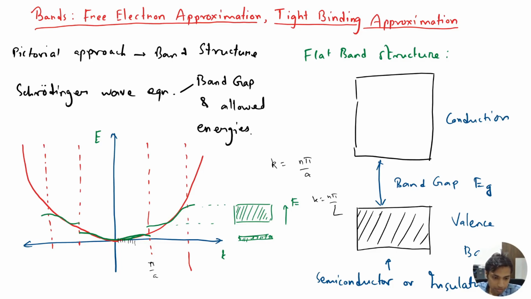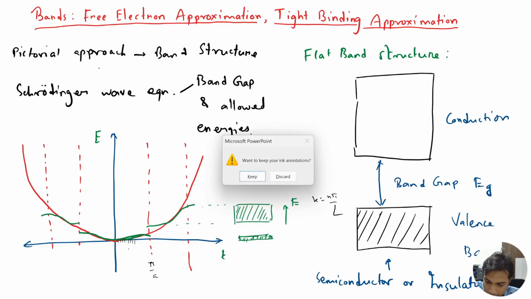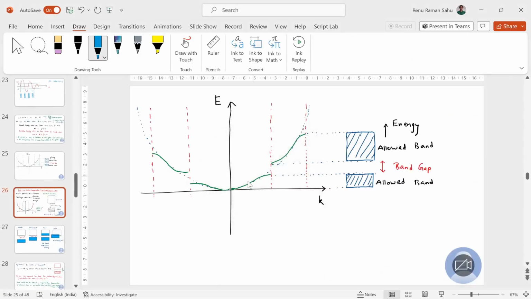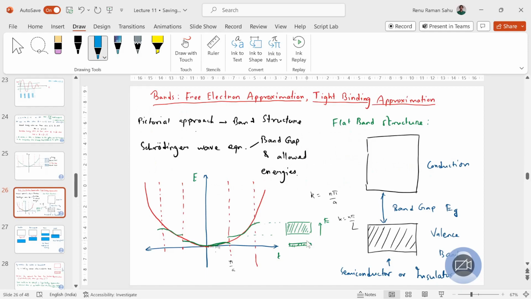Now if you try to draw the energy levels here, for example in this band, these are very closely spaced.